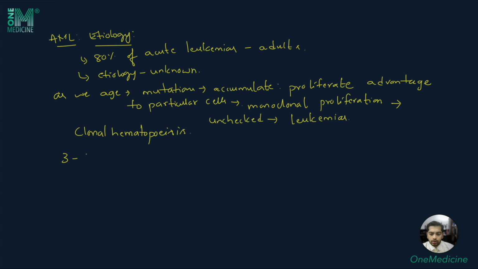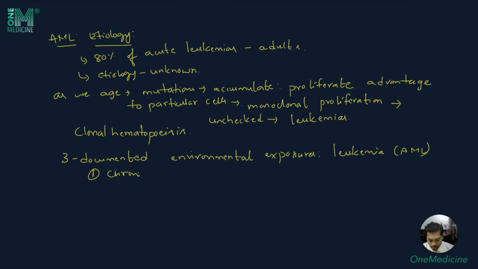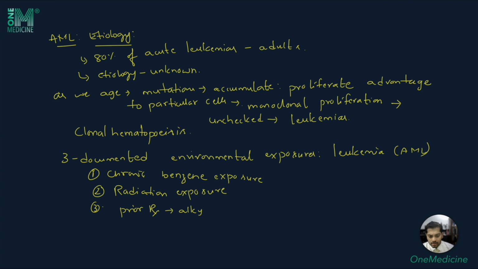There are 3 documented environmental exposures that can contribute to leukemia, that is AML, and these include chronic benzene exposure, the second one being radiation exposure, and the third being prior treatment with alkylating agents and topoisomerase 2 inhibitors.